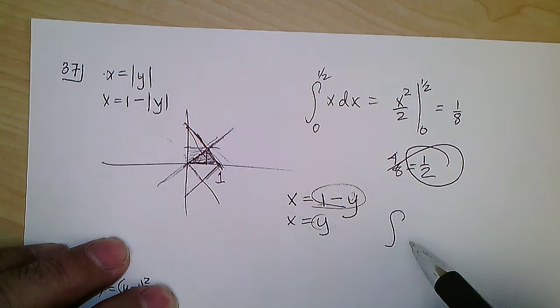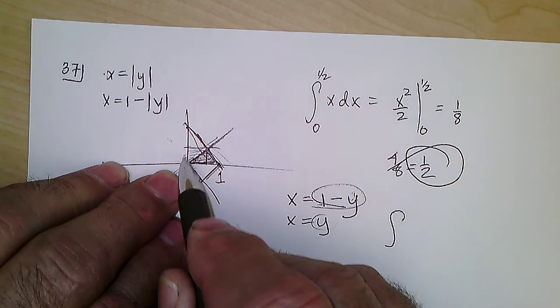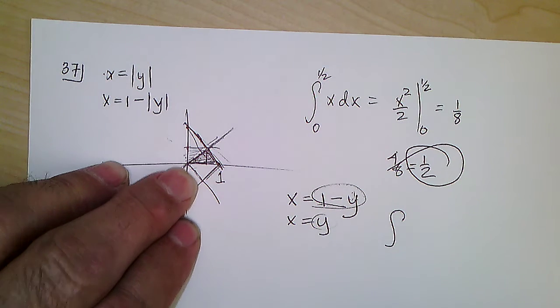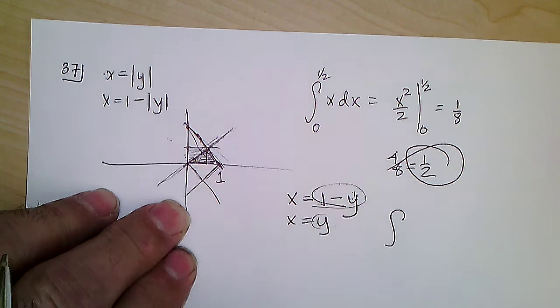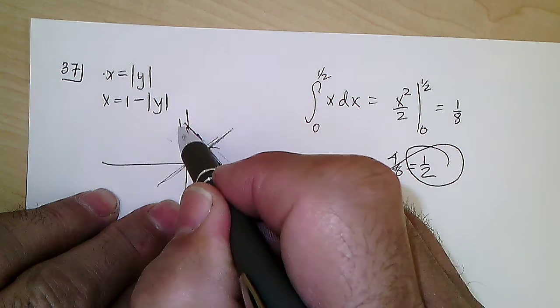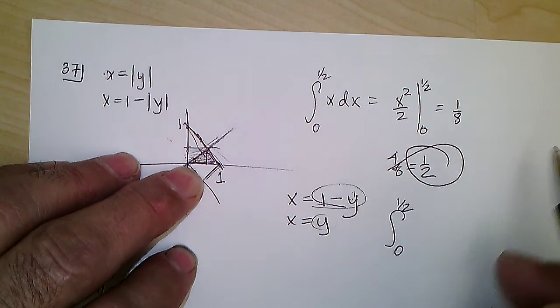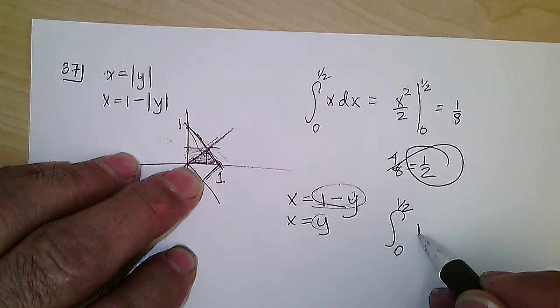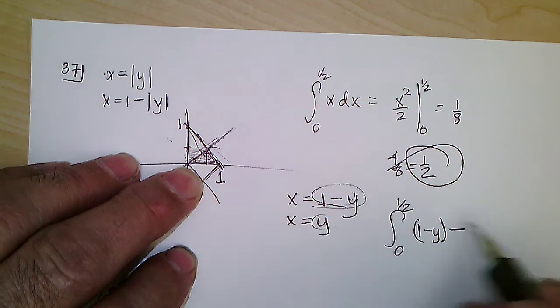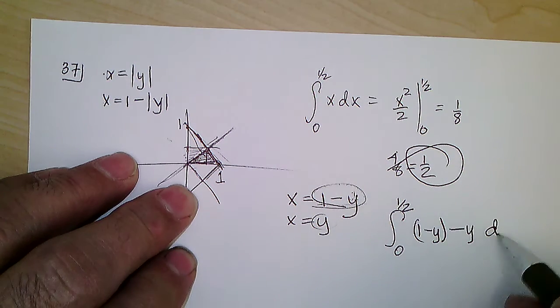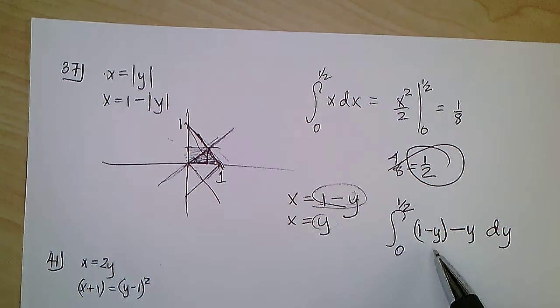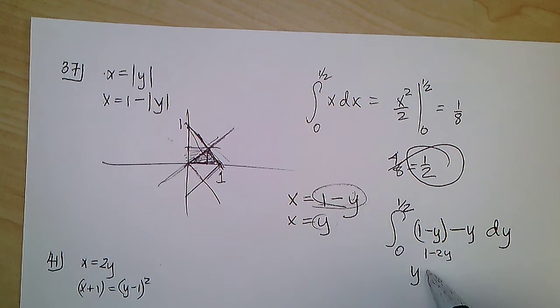So if we integrate from 0 to 1/2, actually this is plus 1. So from 0 to 1/2 of the top curve, which is this one, minus the bottom curve, which is this one, in the y direction, then we'd get 1 minus 2y integrated to be y minus y squared, evaluated from 0 to 1/2.